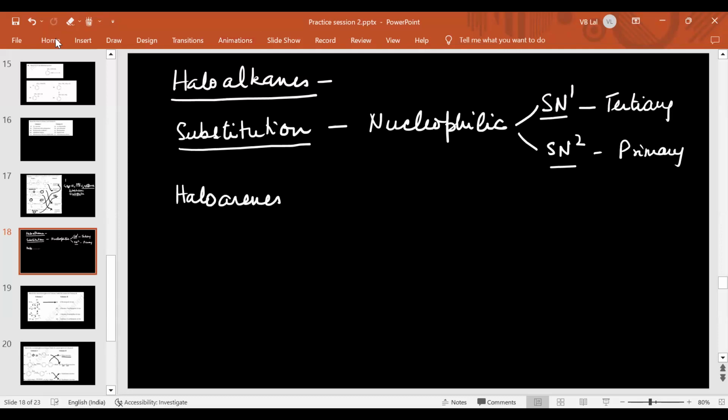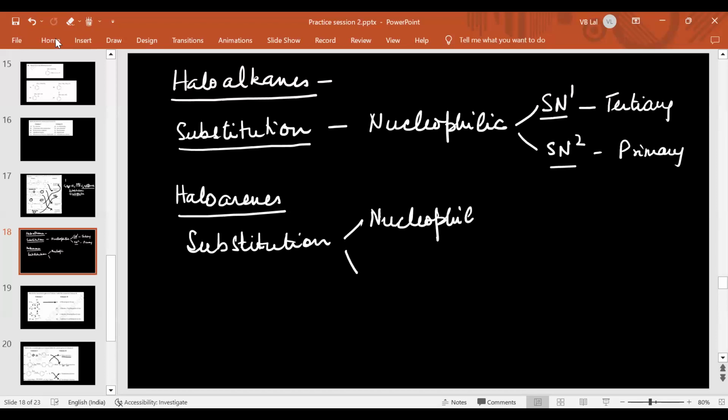Haloarenes will always undergo substitution reaction. Two types they can undergo, and it can be either nucleophilic or electrophilic. So if along with the alkyl halide there is a benzene ring, then it can be nucleophilic or electrophilic.